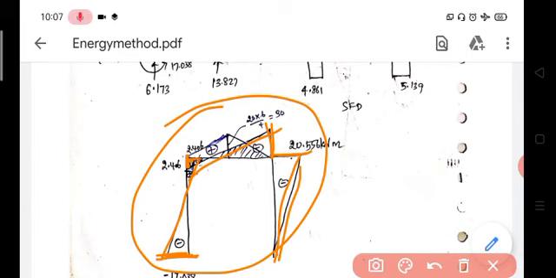That is for the BC portion, which is subjected to only a point load at the middle of the span. For a simply supported beam subjected to a point load at the middle, the maximum sagging moment will be WL by 4. So the sagging moment is 0 at the ends and maximum at the center, with a value of WL by 4. This diagram represents the superimposed bending moment diagram.